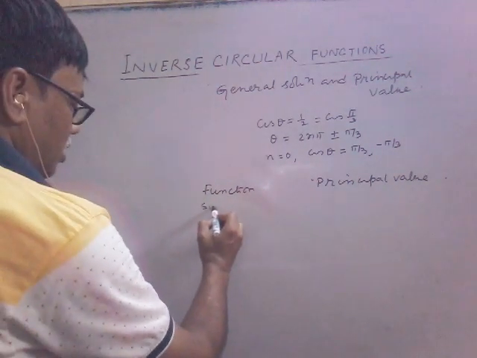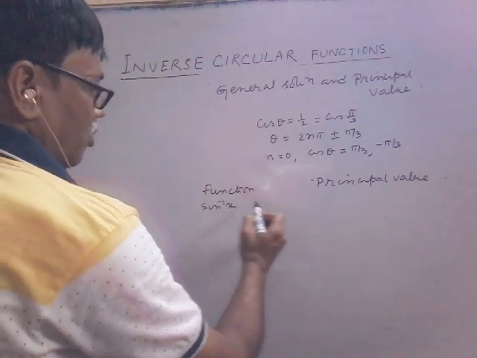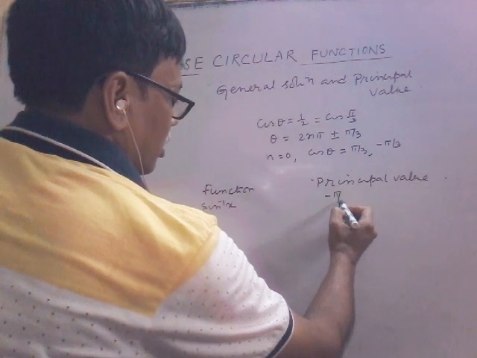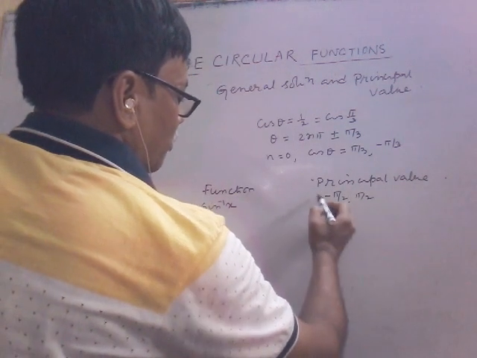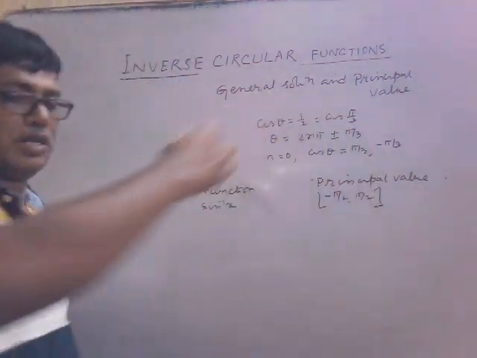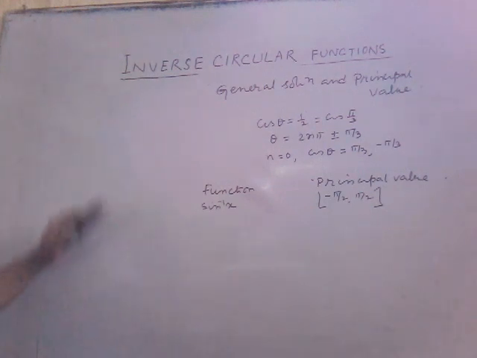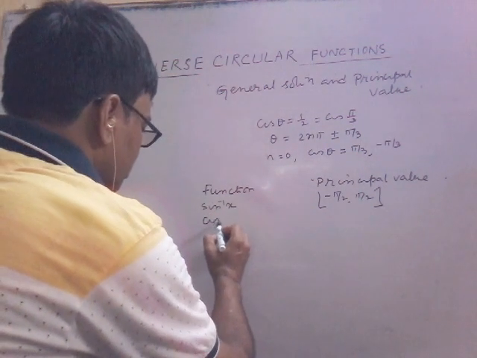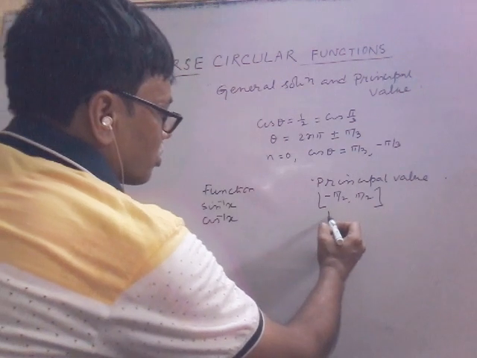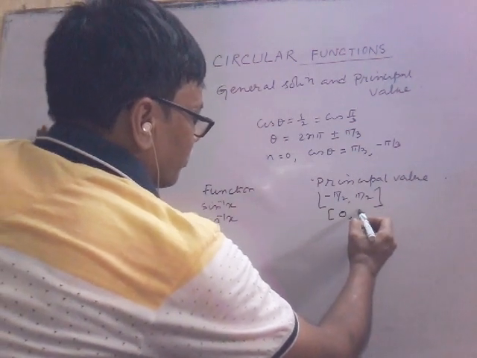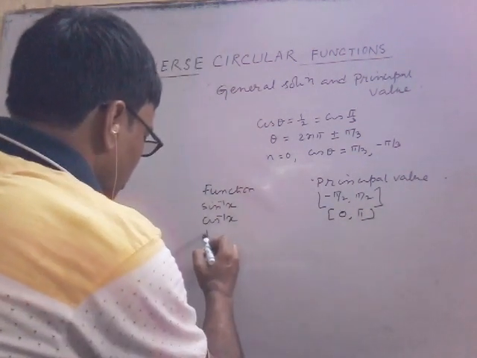So the range of sin inverse x is the principal value. So we have already discussed it. So what is cos inverse x? 0 to pi.